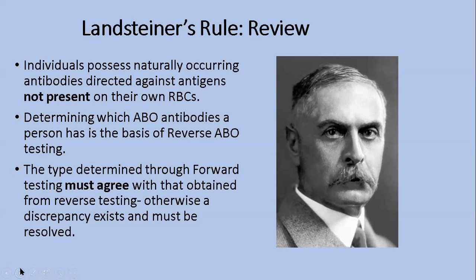Basically we would have to resolve what's causing that discrepancy. We can't guess which one is correct. When we get into lecture 5 and we talk more about the ABO blood group system, we will be getting into discrepancies and how to resolve them, because they actually do occur pretty frequently.